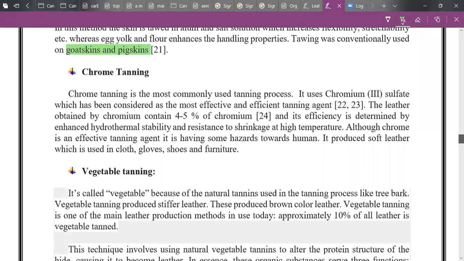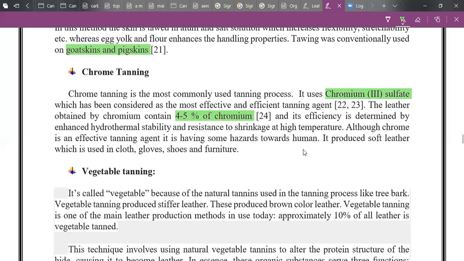Chrome tanning. Chrome tanning is the most commonly used tanning process, and it is also a cheap process. It uses chromium 3 sulfate, which has been considered the most effective and efficient tanning agent. The leather obtained by chromium contains 4 to 5% chromium, and its efficiency is determined by enhanced hydrothermal stability and resistance to shrinkage at high temperature.